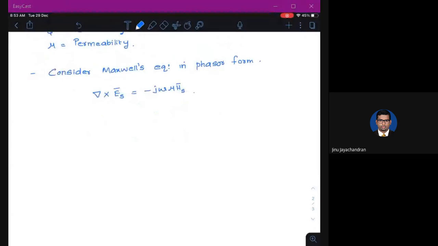Okay, so the right hand side I can write as ax cap, ay cap, az cap, dou by dou x, dou by dou y, dou by dou z. Let's assume the x component is EXS, y is EYS, and z is EZS.